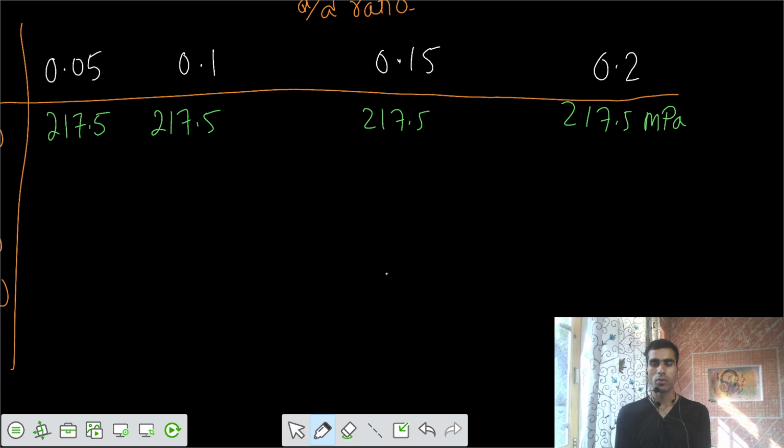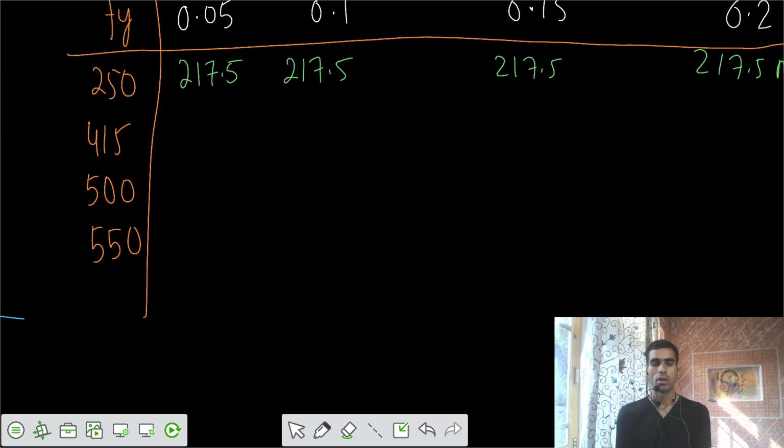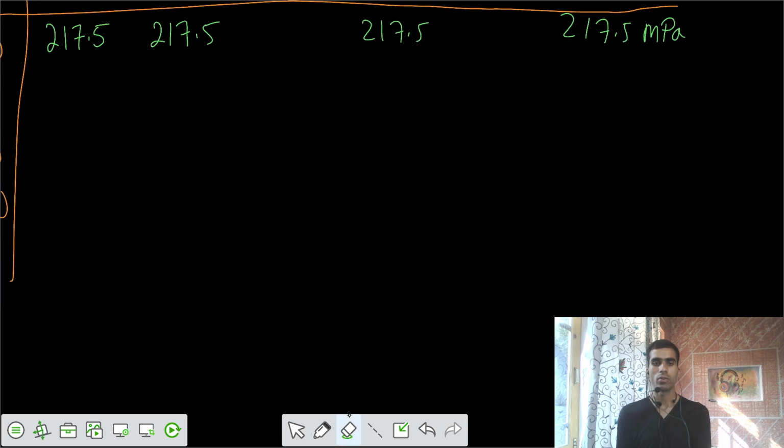So for all values of d dash by d, the stress in compression steel for mild steel is always the same. But for high yield strength bars, we have different values. It's a function of that ratio. So let's have the different values.